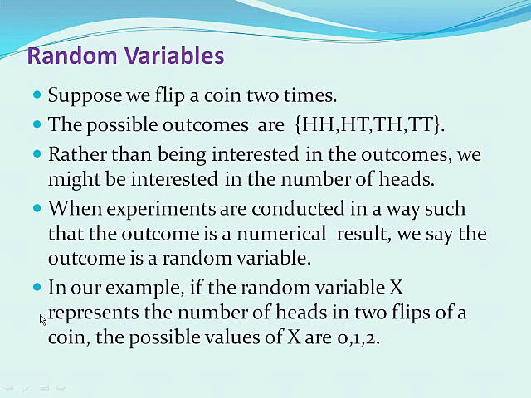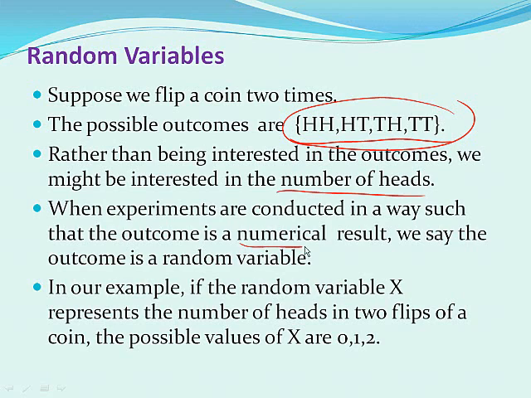Random variables. Suppose we flip a coin 2 times. The possible outcomes are head head, head tail, tail head, tail tail. Rather than being interested in the outcomes, we might be interested in the number of heads. When experiments are conducted in a way such that the outcome is a numerical result, we say the outcome is a random variable.